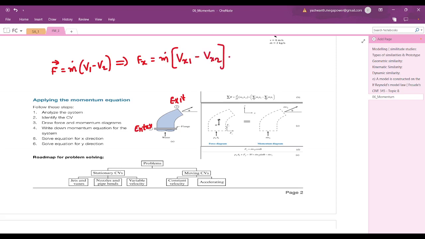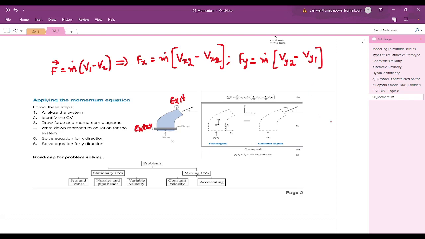And in the same way, the force in the y direction, Fy, is equal to m dot (Vy1 minus Vy2). Sometimes this suffix may interchange; here it comes 2, 1 and there 1, 2. It depends on the system; the 1, 2 suffix may change. Clear? So this is the simplified form of the momentum equation in a nutshell.